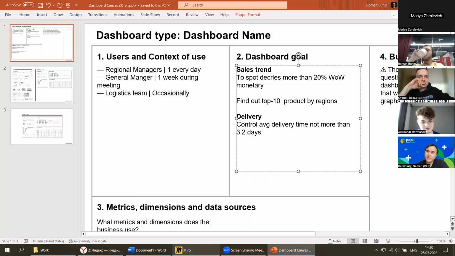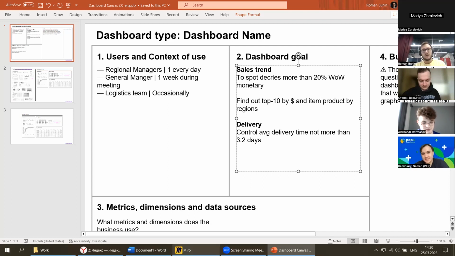I'd put both by quantity and by money. And how would you consider top 10? Two tops. Top 10 by bucks and items. On the one hand, it's quite okay. On the other hand, I'm not sure that monetary terms are valid for top products.